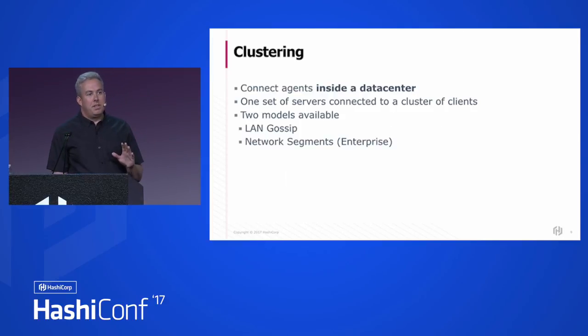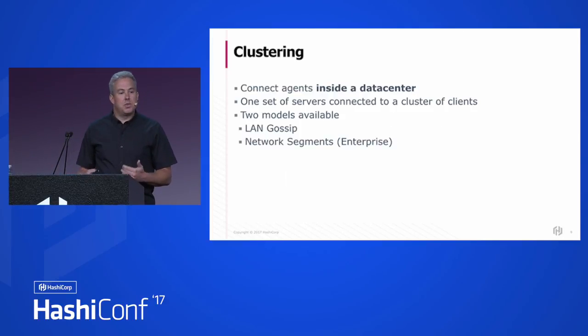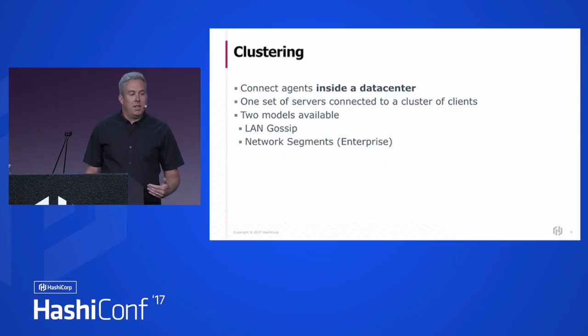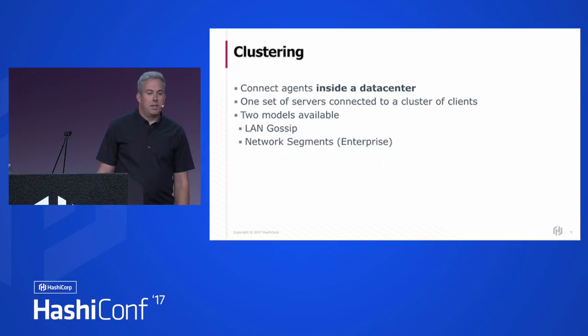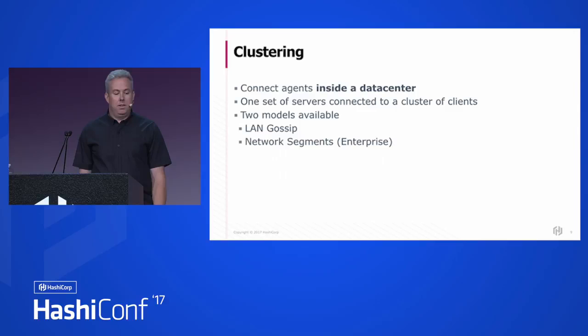So there's basically 2 different things you're trying to do with these different network models. One is clustering. When you have a set of machines that are logically related, they're maybe physically located in the same place, or they're used for the same type of application, Consul lets you connect those together in a cluster, and we call that a Consul data center.